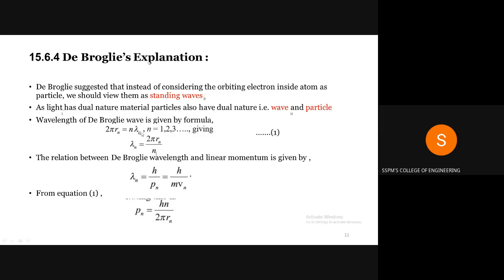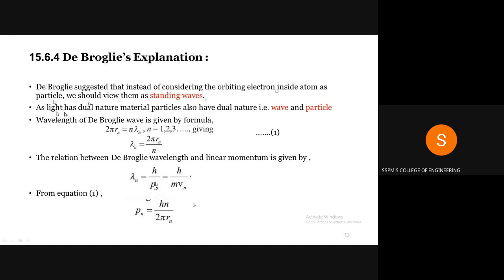The relation between de Broglie wavelength and linear momentum is given by lambda equals h upon p. P of an electron revolving in the nth orbit equals h upon mv.